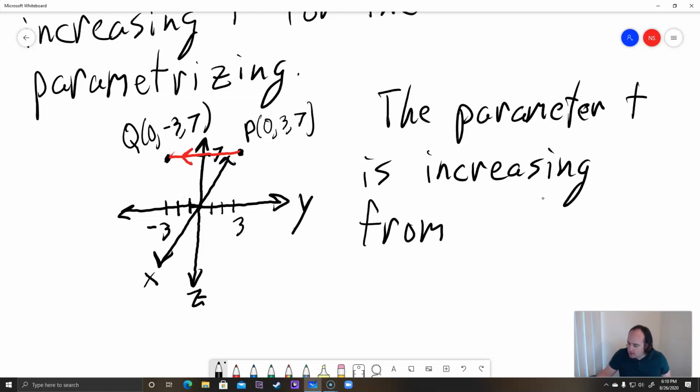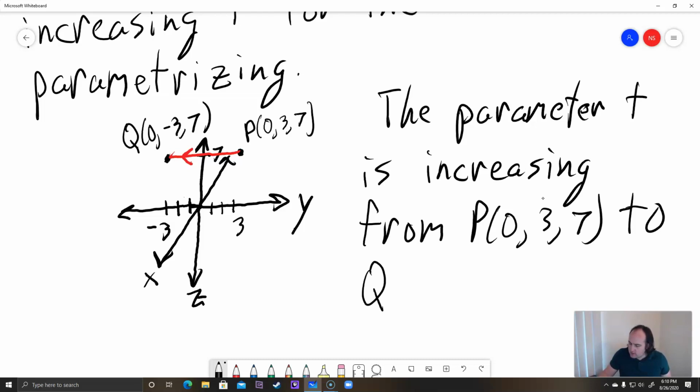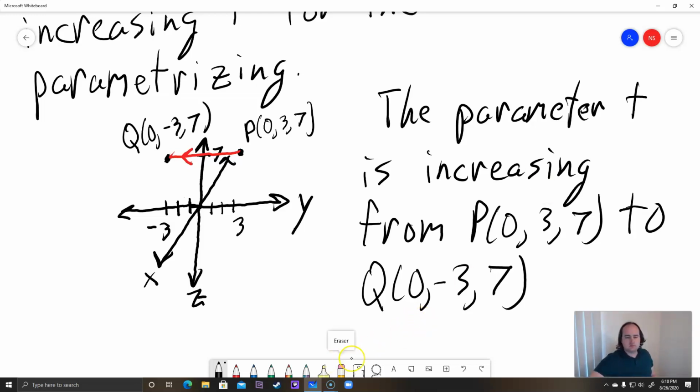So from P, which is 0, 3, 7, to Q, which is 0, negative 3, 7. Okay? Cool.